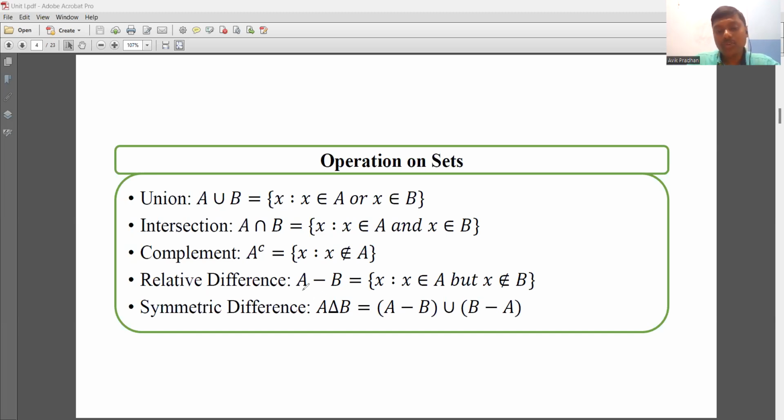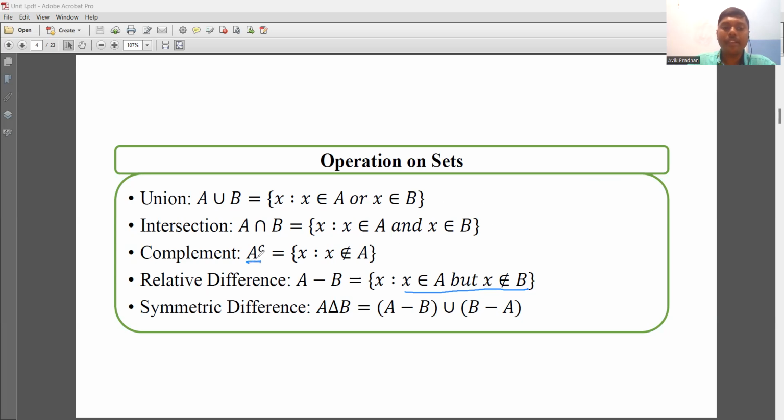Suppose I have two sets A and B, then A minus B are those elements which are only in A but not in B. So x belongs to A but x does not belong to B. If we look into this definition properly, I can see it is very much related to the complement set.